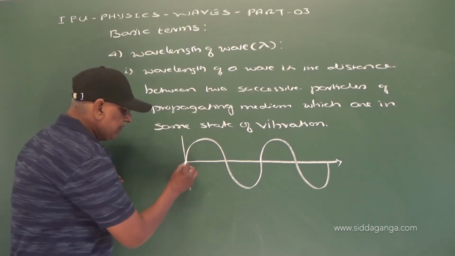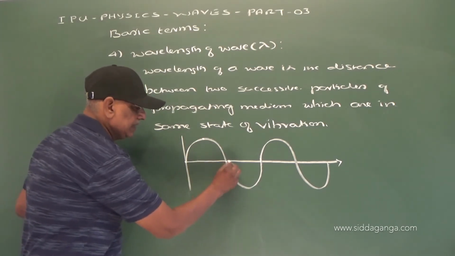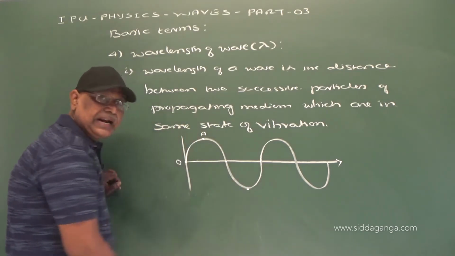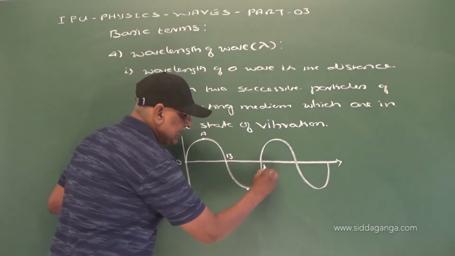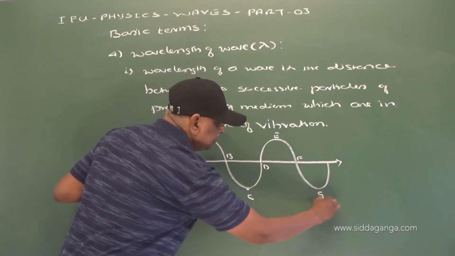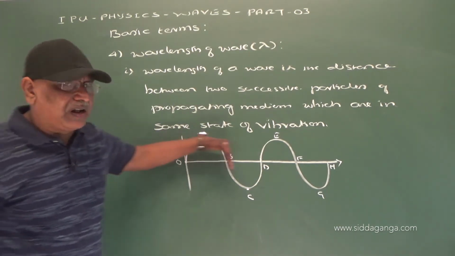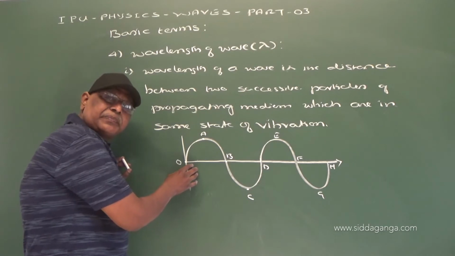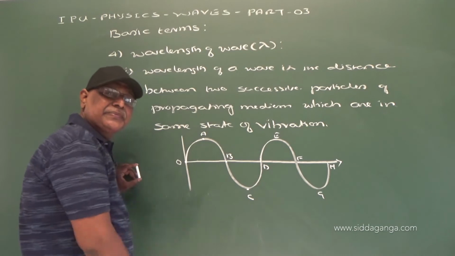So here there are different particles: a particle at O, another particle at A, particles B, C, D, E, F, G, H, etc. The second particle begins to vibrate a little later than the first particle.